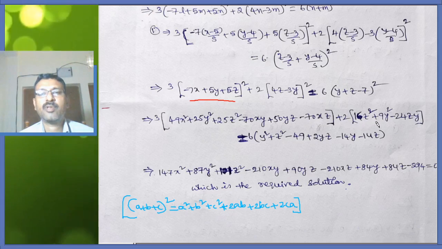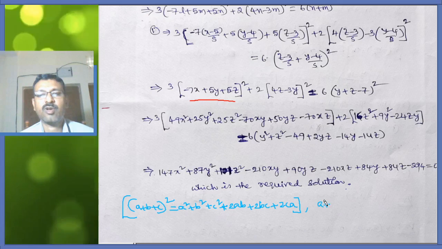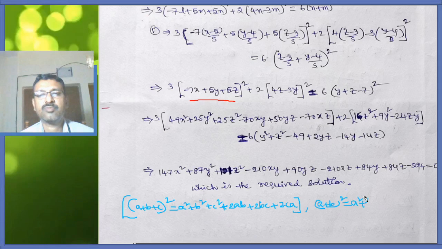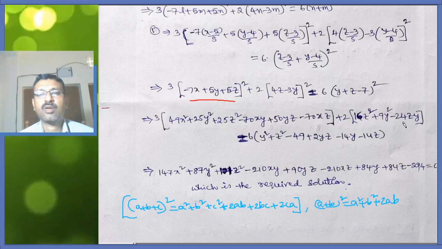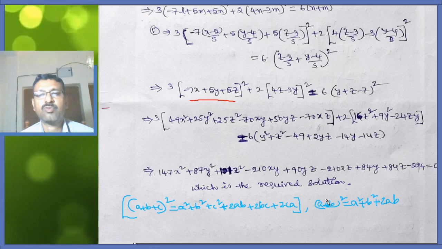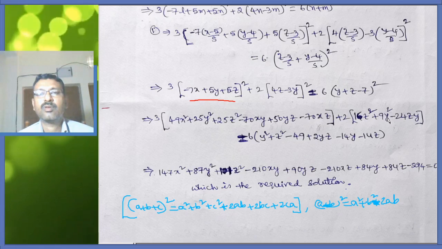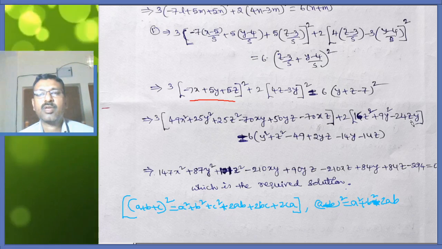Here also a plus b whole square. We know the a plus b whole square formula: a square plus b square plus 2ab. Of course, a minus b whole square is a square plus b square minus 2ab.